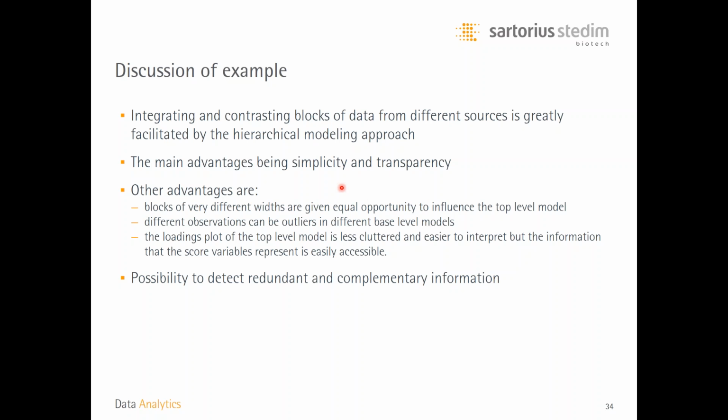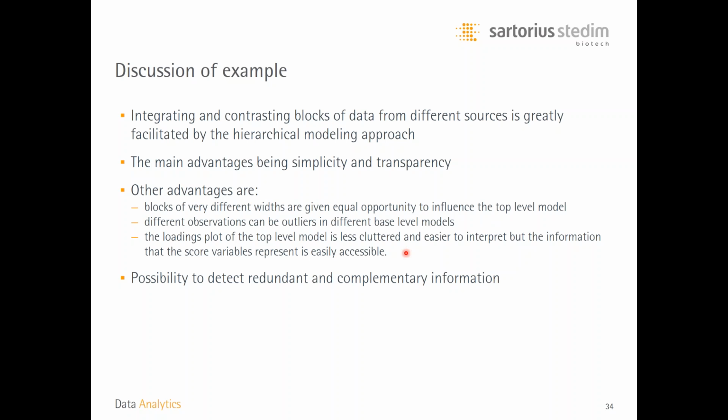Other advantages with the hierarchical scenario is that different observations can be outliers in different base level models, and we don't really need to start to delete all the measurements for one sample. We can have one sample be an outlier in one model, but still be part of the total model.